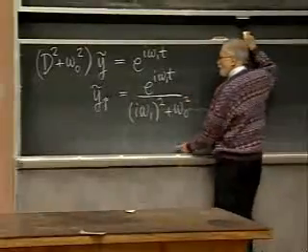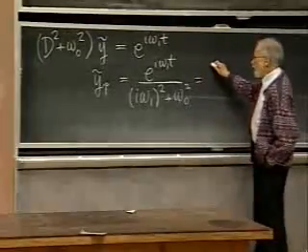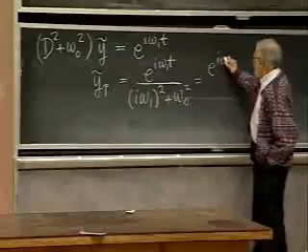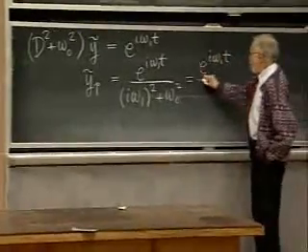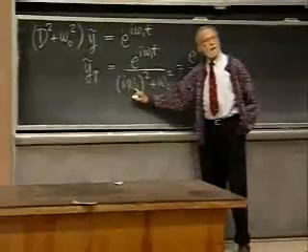Well, let's make that look a little bit better. This should be e to the i omega 1 t divided by, now what's this? This is simply omega naught squared minus omega 1 squared.